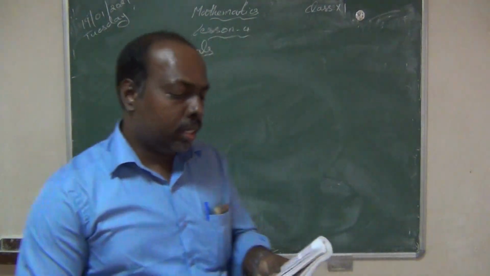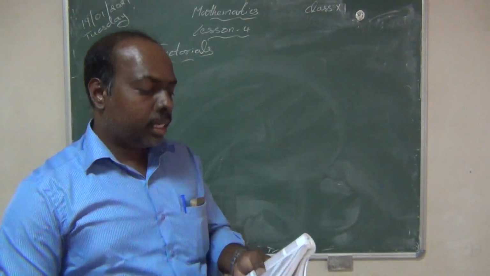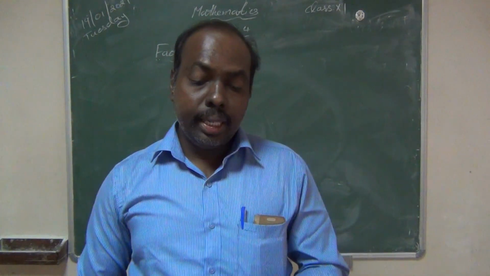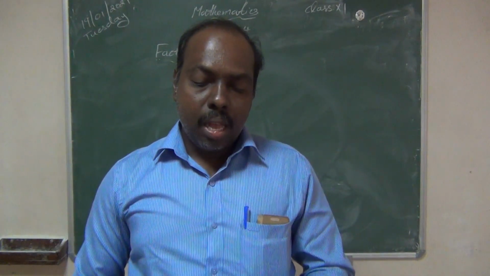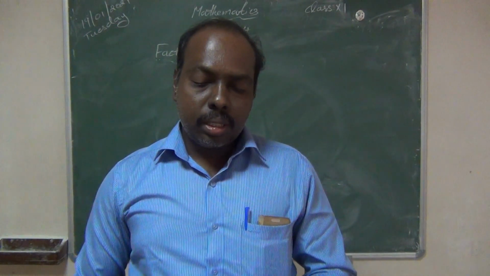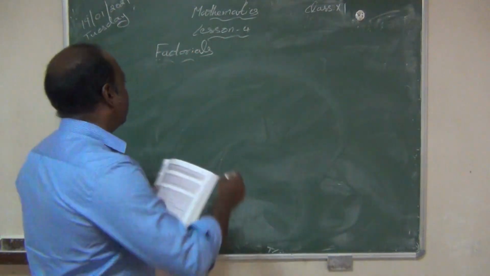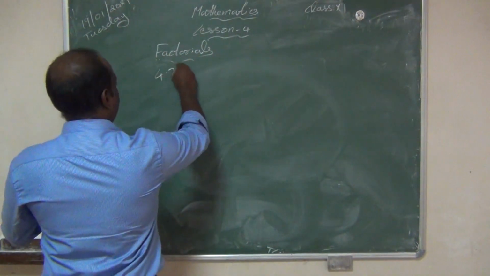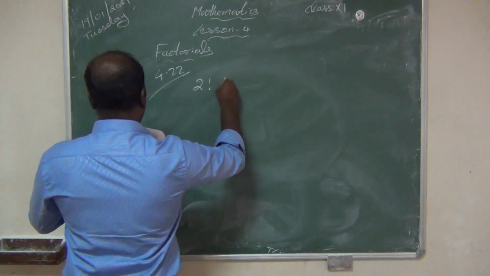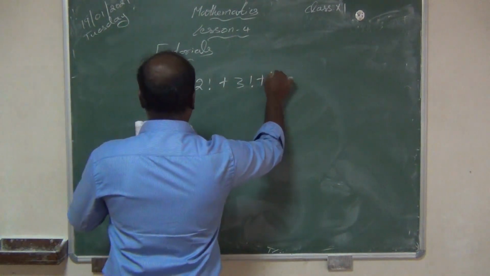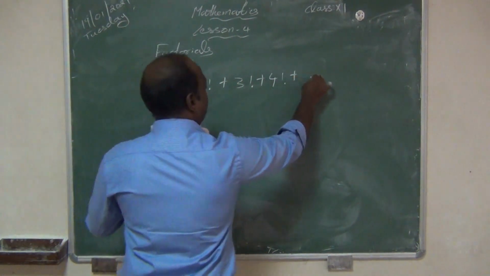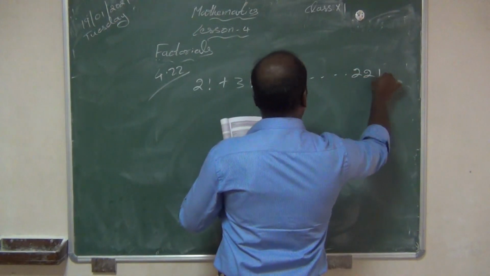Example 4.22. I'll just read the question. What is the unit digit of the sum 2 factorial plus 3 factorial plus 4 factorial plus and so on up to 22 factorial?